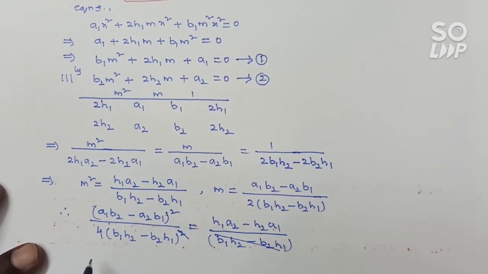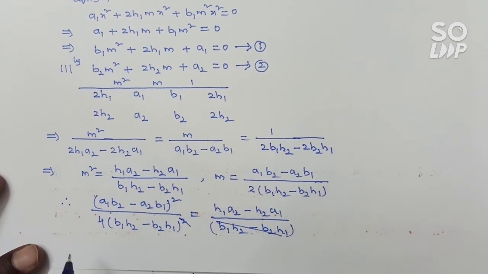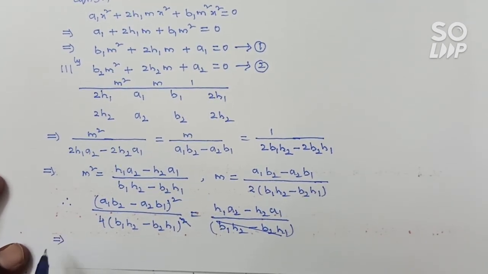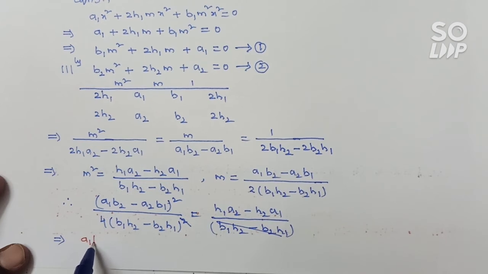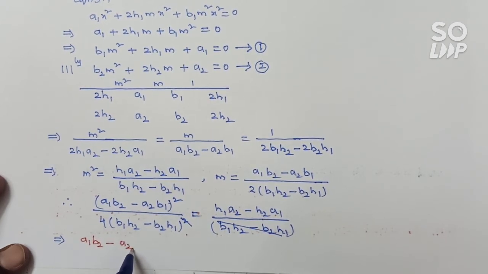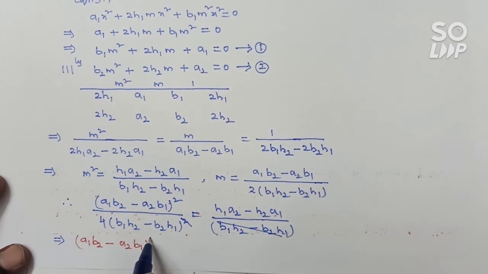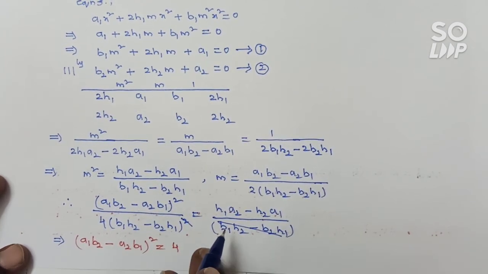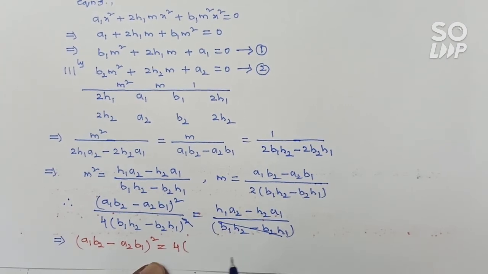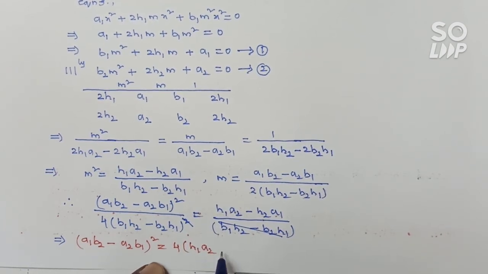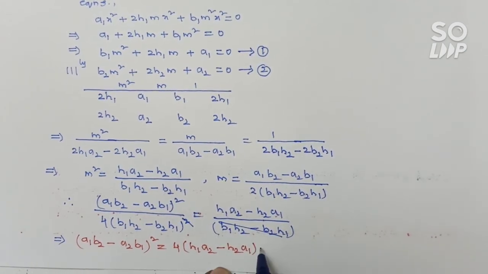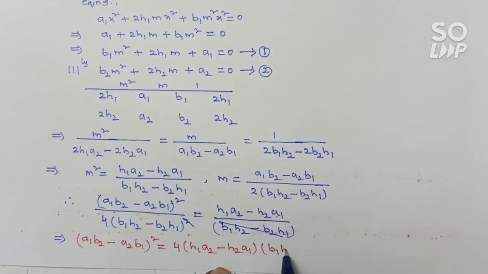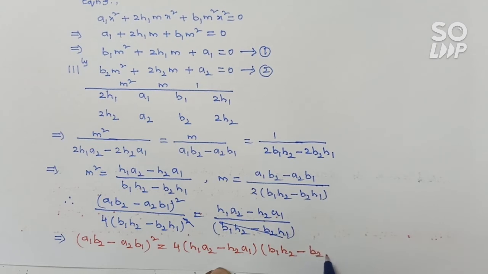So for the remaining value, you cross multiply and you will get that the required condition will be A1 into B2 minus A2 into B1 whole square is equal to 4 into H1 into A2 minus H2 into A1 into B1 into H2 minus B2 into H1.